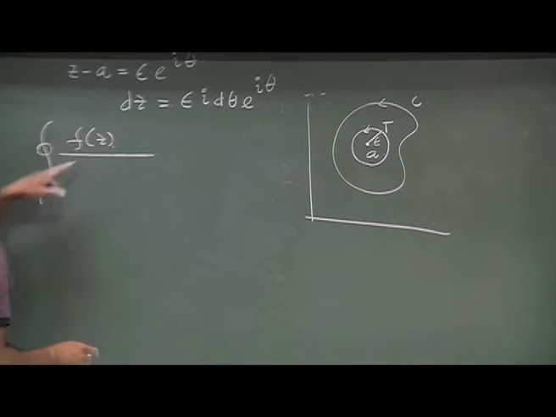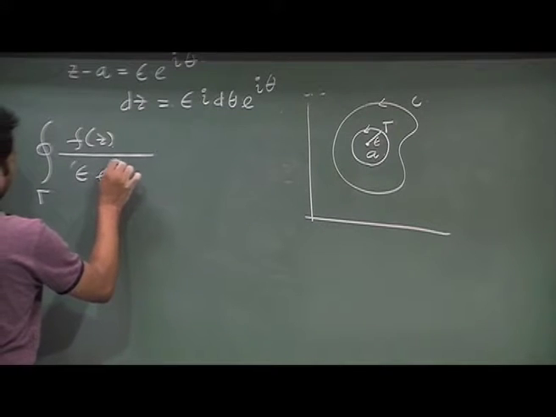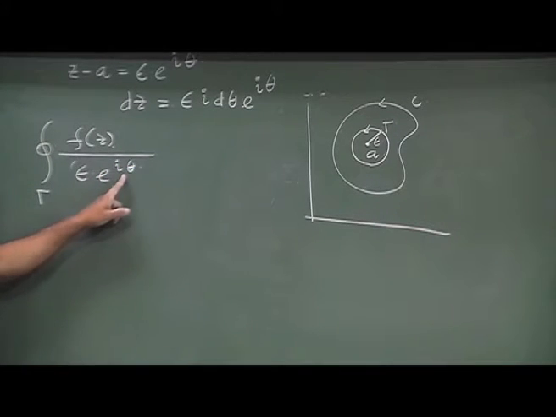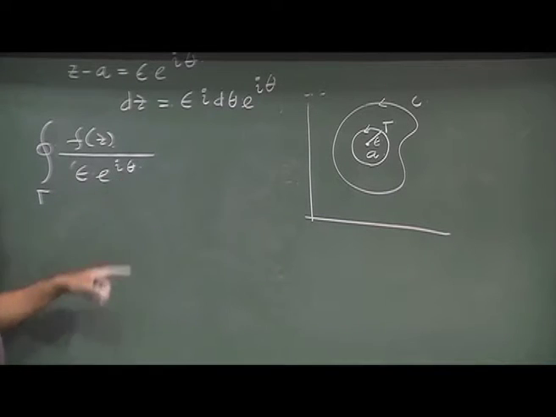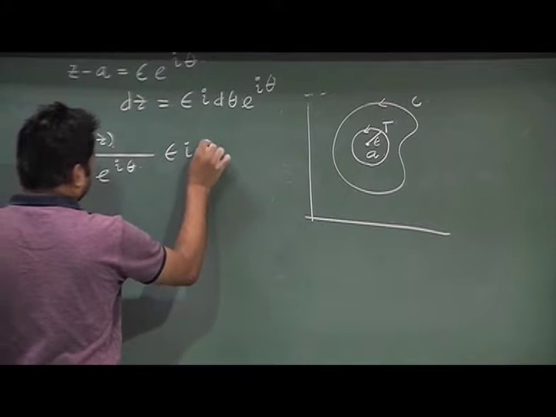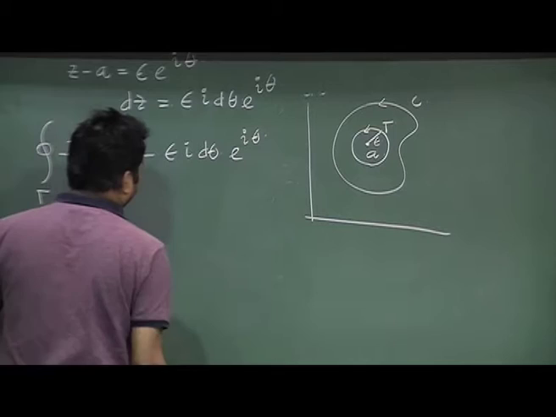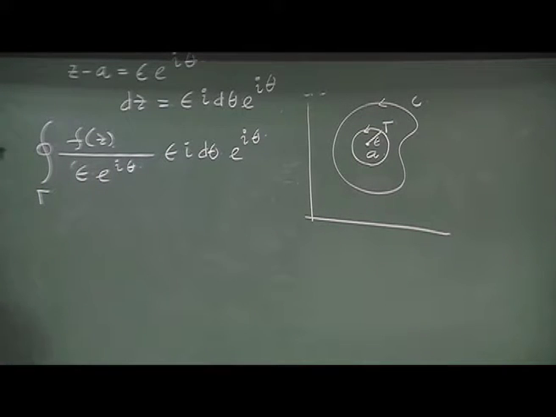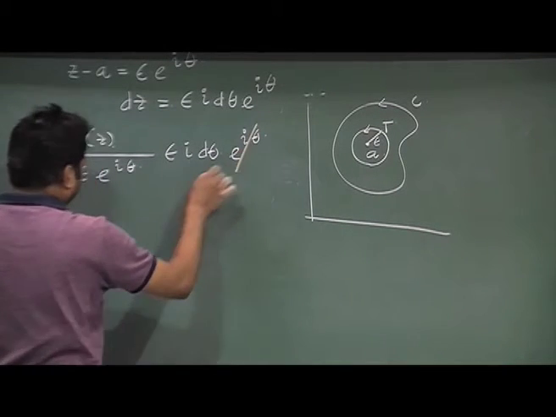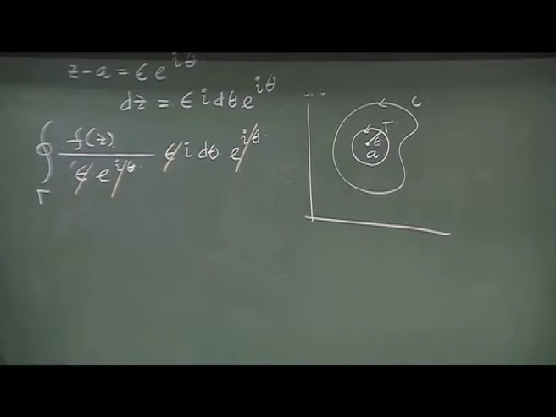So now I change this. z minus a is epsilon e to the power of i theta, multiplied by dz, and dz is epsilon i d theta into e to the power of i theta. The e to the power of i theta cancels out, and epsilon also cancels out.